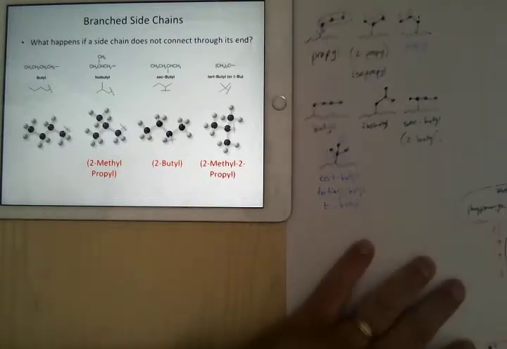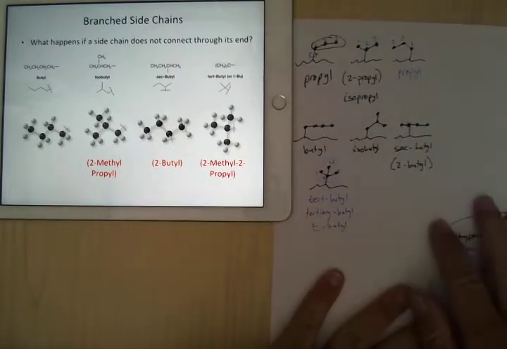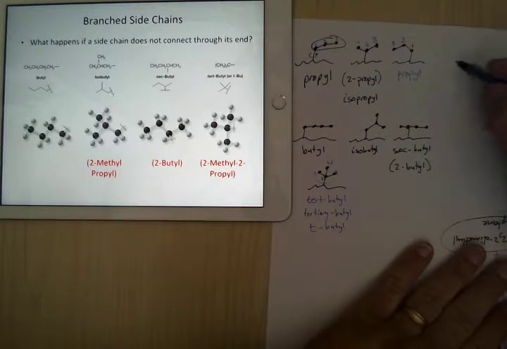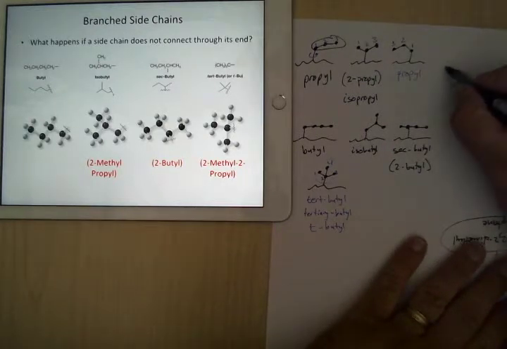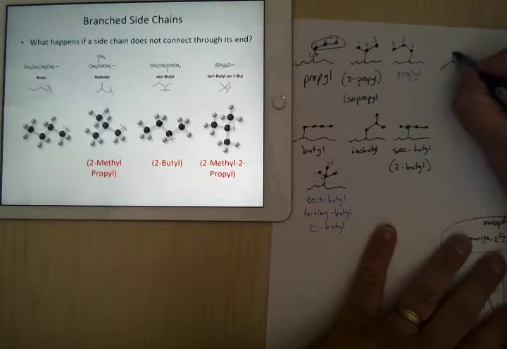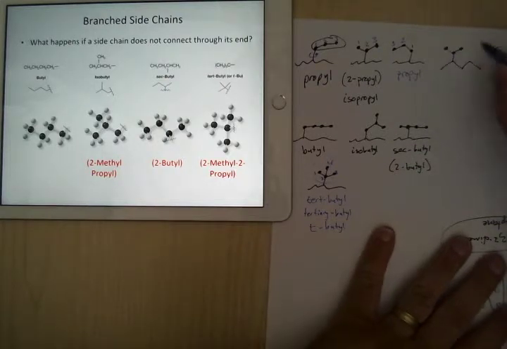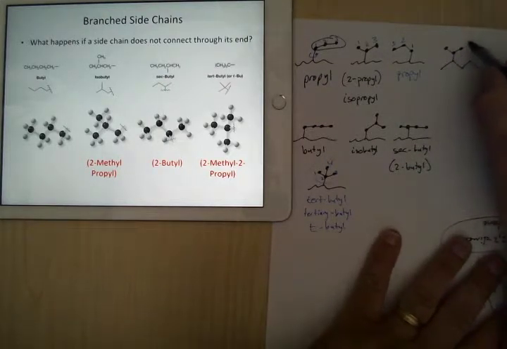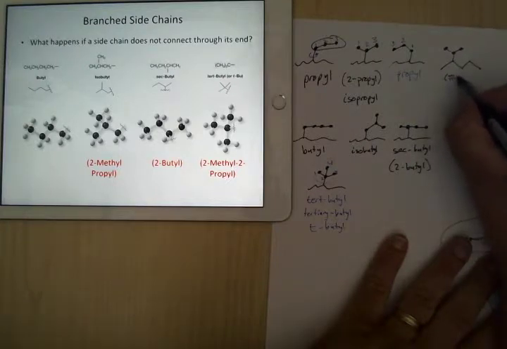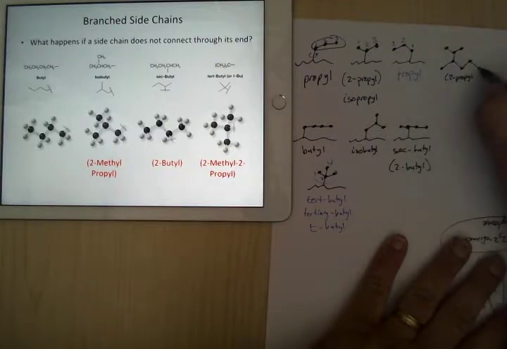Oh, one thing I forgot to mention with the isopropyl, and this actually comes up. Students ask this question quite a bit. So this is t-butyl, not isopropyl or 2-propyl. Here, let's do this.